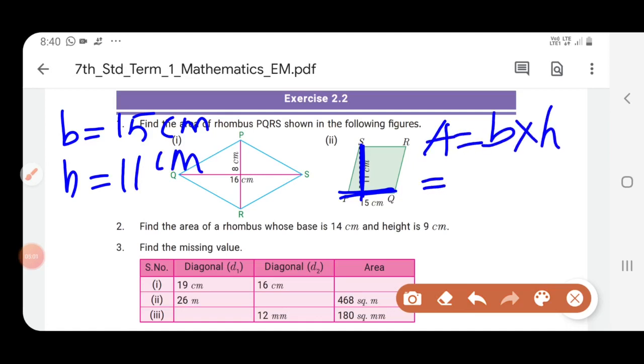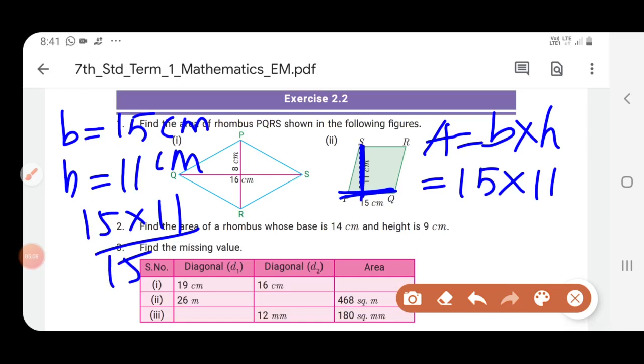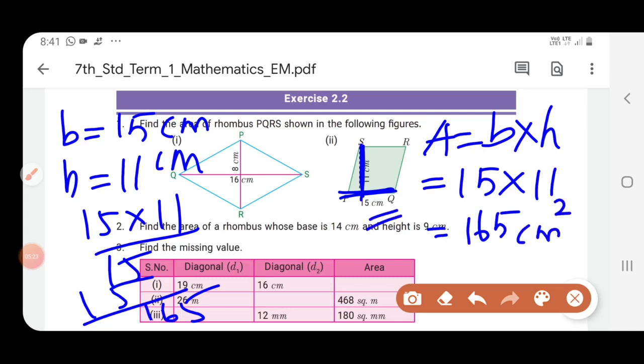Now here our B is 15, our H is 11. So we need to multiply 15 into 11. 1 15s are 15. Again 1 15s are 15, shifted. If you add, 5, 6, 1. So the answer is 165. Here the given unit is centimeter. If it is an area, we must put square centimeter or centimeter square.